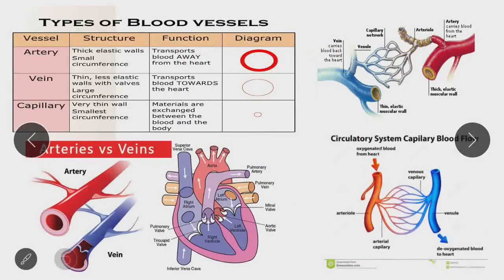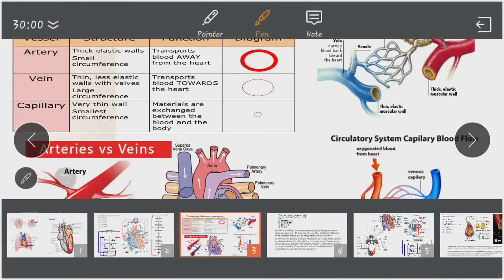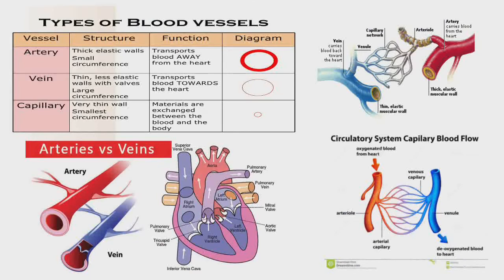I will move to the next slide. Now what I was talking about is this type of blood vessels. We know that there are arteries, veins and capillaries, three kinds of blood vessels present in our body. If I say in general, what is an artery? The general answer which comes is that an artery is the blood vessel which carries oxygenated blood.